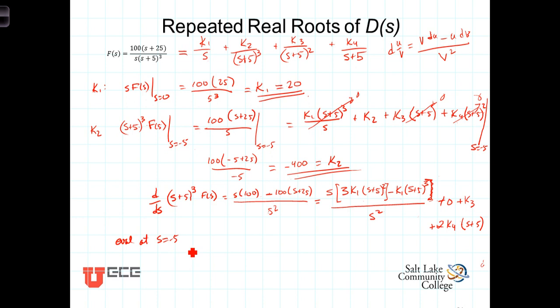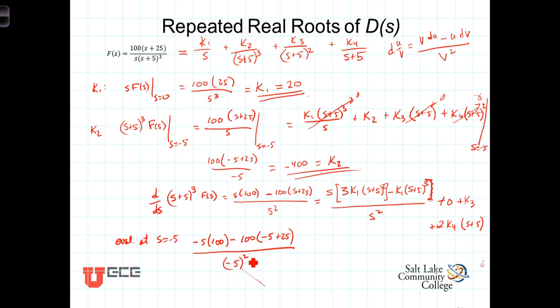On the left-hand side, we get, let's see, minus 5 times 100 minus 100 times minus 5 plus 25, divided by minus 5 quantity squared.